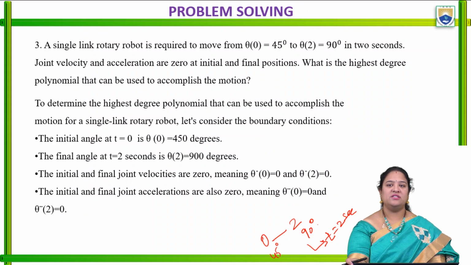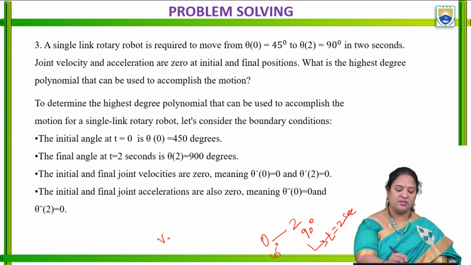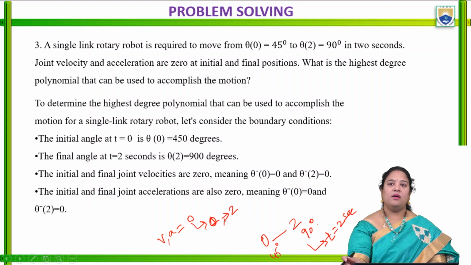The joint velocity as well as the acceleration are 0 at the initial position, which is point 0, and the final position, point 2.